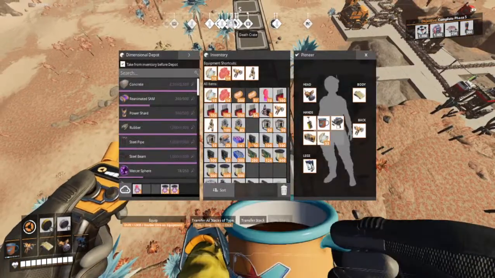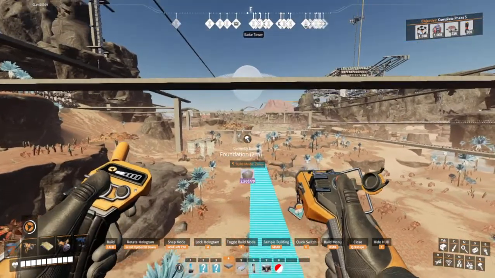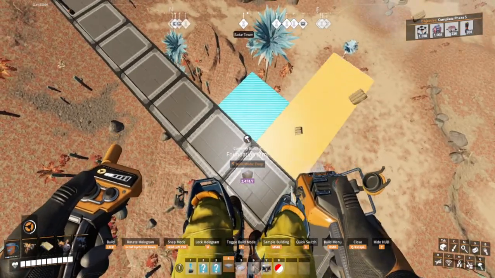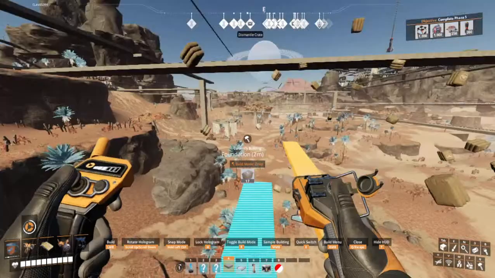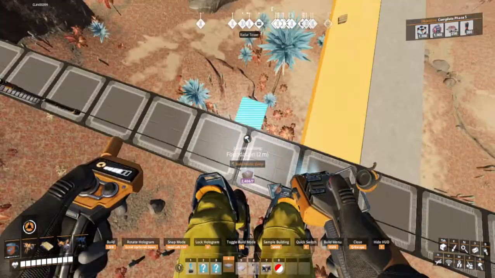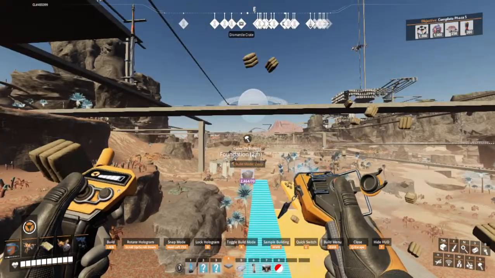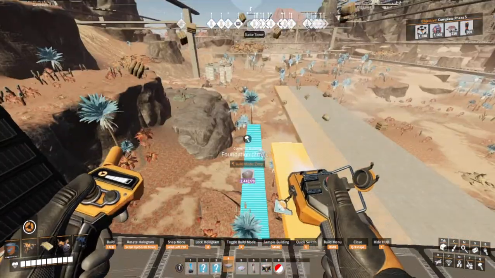Okay. We'll build something right here for blueprints and layout and everything like that. It's my development blueprint spot.